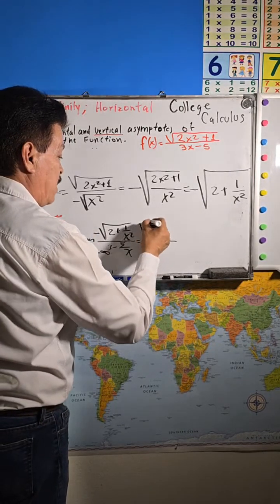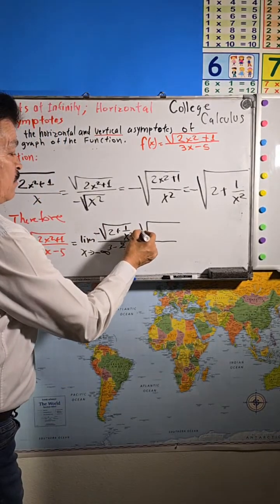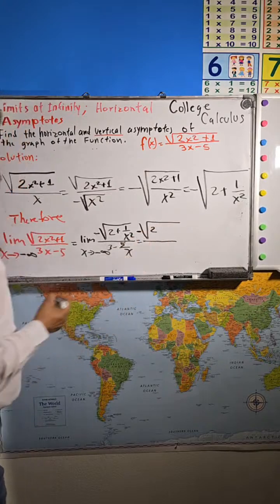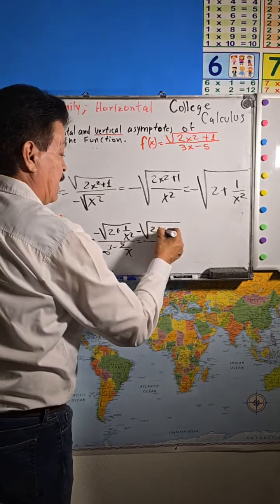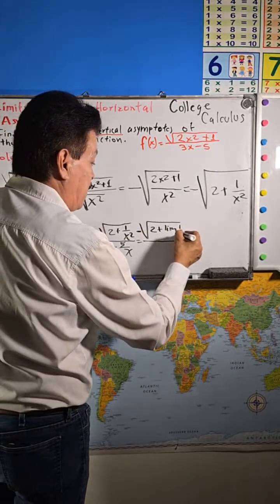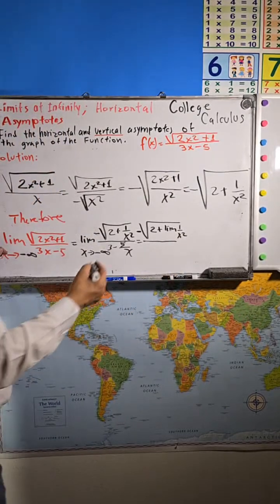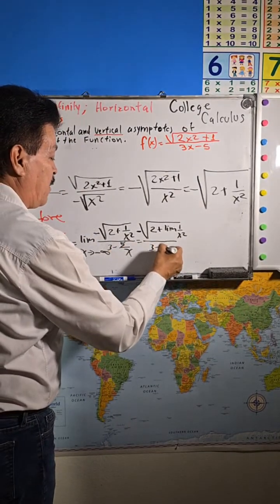Look at this: negative square root of 2 plus the limit of 1 divided by x to the second power. Right there, you have it, 3 minus 5.